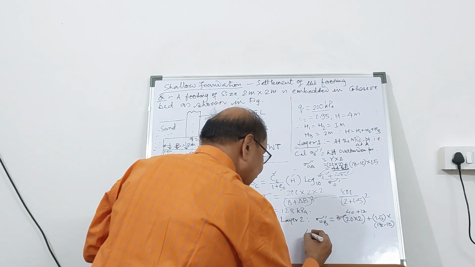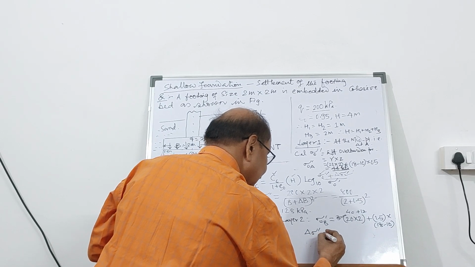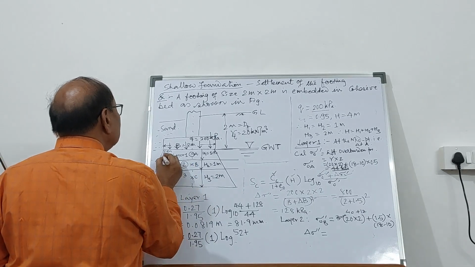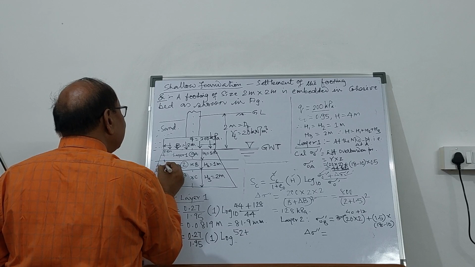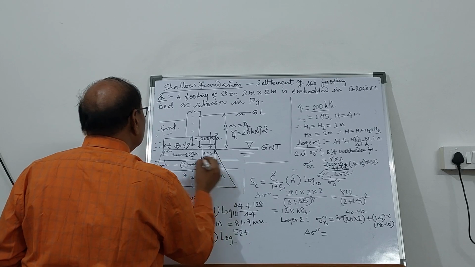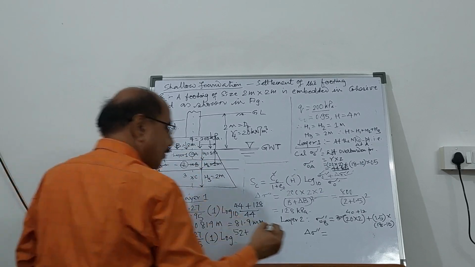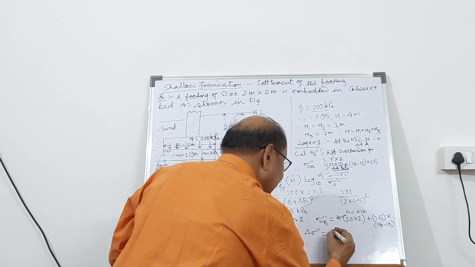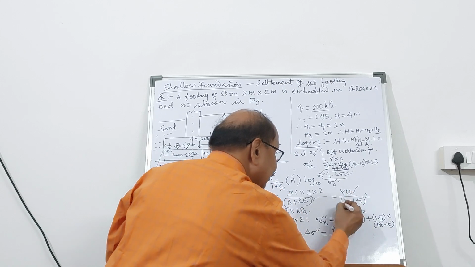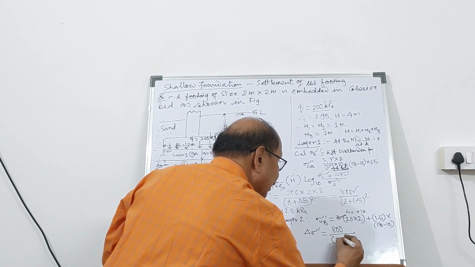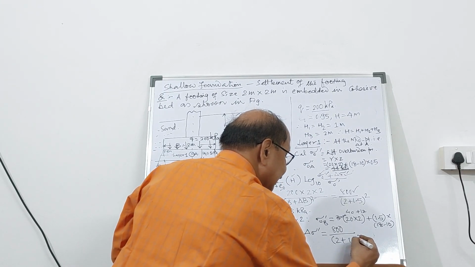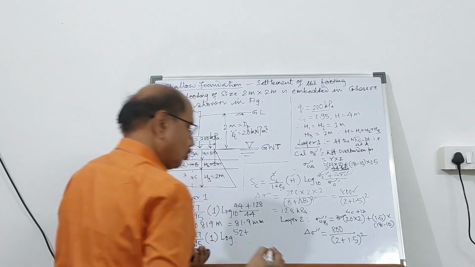Now, delta sigma prime, the increase in pressure at this point up to the midpoint. This is going to be 2 and this is going to be 1.5. So it is going to be 200 into 2 into 2, that is 800, divided by 2 plus 1.5, because point B is at a depth of 1.5, whole square.